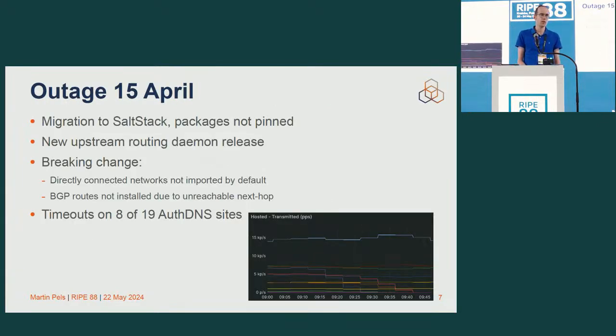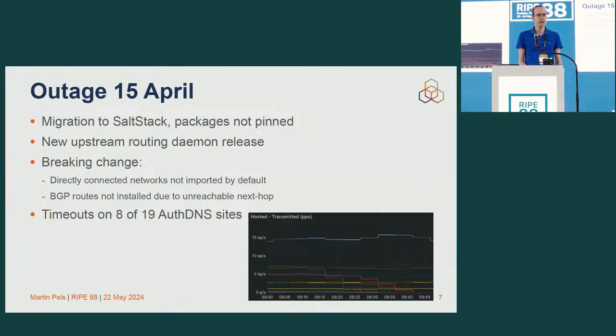So what went wrong here is we nicely migrated everything to SaltStack. This went quite smooth, no issues there. But what we failed to do here is actually configure SaltStack to use a specific routing daemon package version. So what happened is, for the routing daemon software that we use, there was a new release upstream.